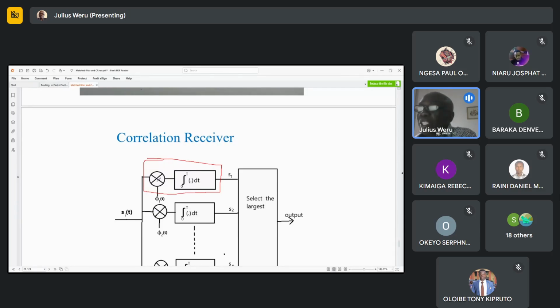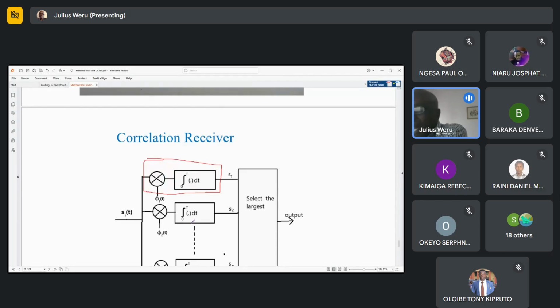And what we're doing is actually what we call the dot product. So long as what you have received here, you are multiplying with one of the other orthogonal pieces, it will give you 0.